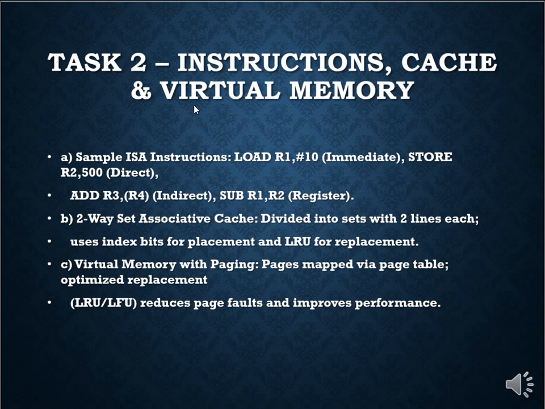For the cache, our two-way set associative design uses the least recently used, LRU, replacement. This means when the cache is full, it removes the data that has not been used for the longest time, similar to clearing out old files from your disk to make space for new ones you use often.